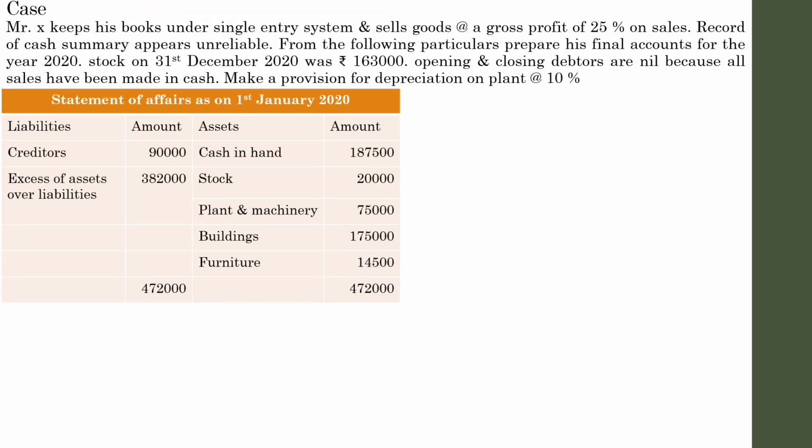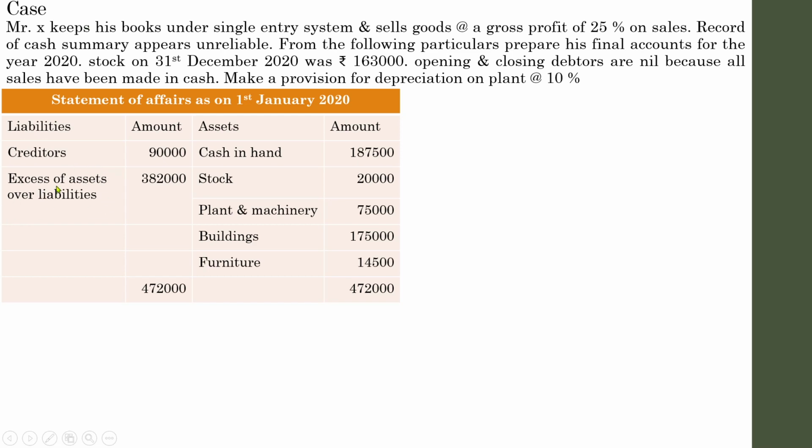Statement of affairs as on 1st January 2020, otherwise known as opening balance or opening balance sheet. Likewise, we need this to identify the opening capital. Here it is said that excess of assets over liabilities means opening capital.